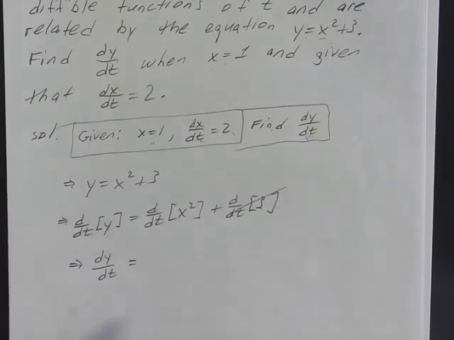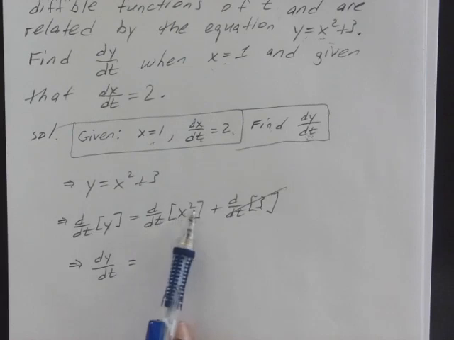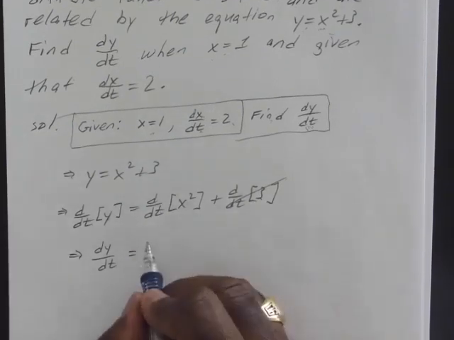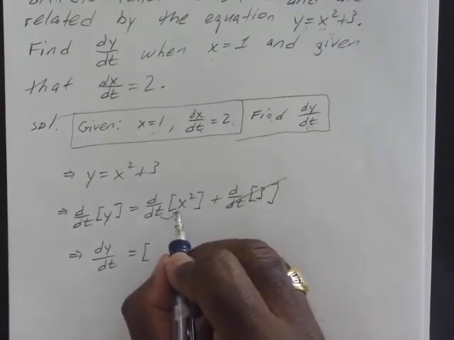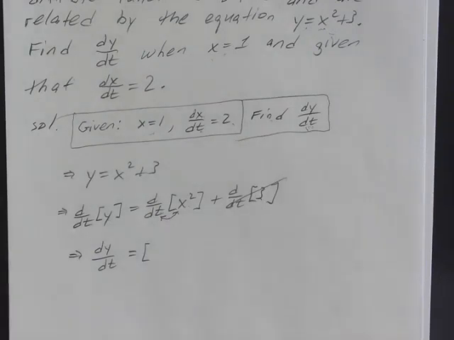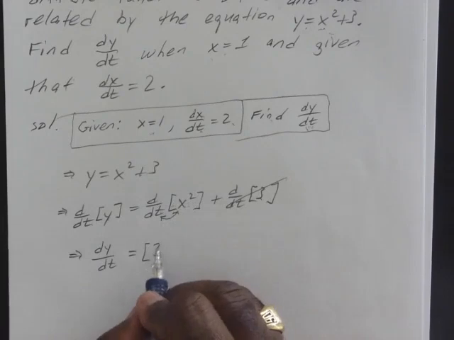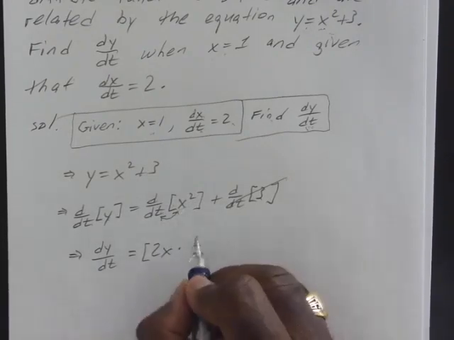Is equal to the derivative of x squared. Now, if this was just x, we just write it as dx dt. But because we have the x squared, we have to use the chain rule. Okay, so we know that the derivative of x squared with respect to t, considering these two independent variables are not the same, we do the power rule on the x. So we have 2x times the derivative of x.